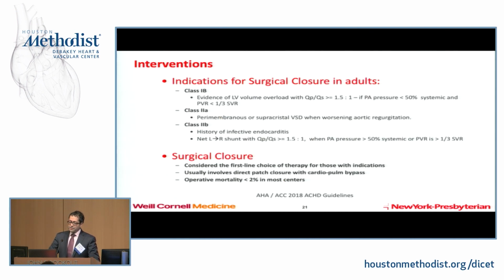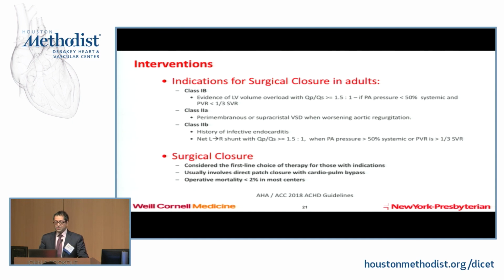So the ACHD guidelines, which just got updated this past year, say you should consider closure. It's a 1B indication to close if you have LV volume overload with a QP:QS of greater than 1.5 to 1, and if you don't have pulmonary hypertension, essentially.